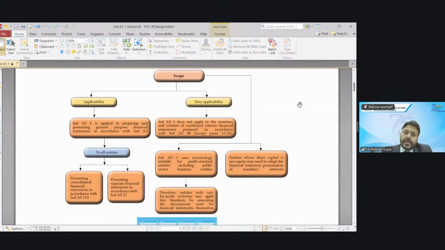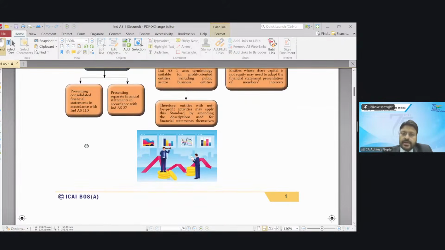Whether you are preparing the standalone financial statements or the consolidated financial statements, right? Under Ind AS 110, you must have studied that we prepare the consolidated financial statements. If you are preparing the consolidated financial statements as per the Ind AS 110 requirements, then also you need to follow Ind AS 1.